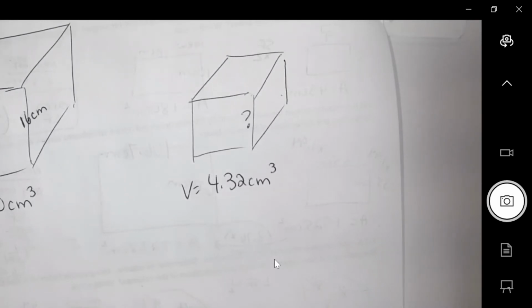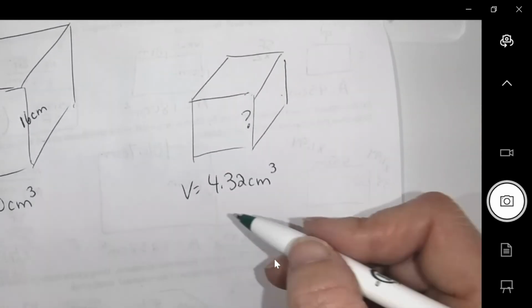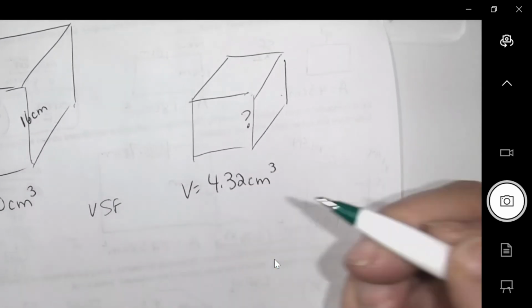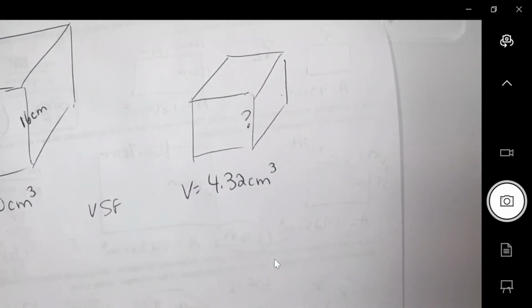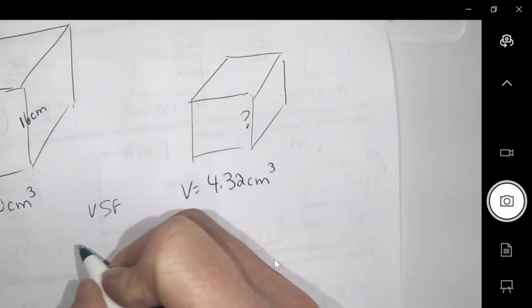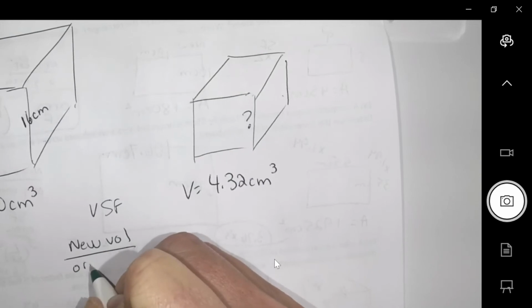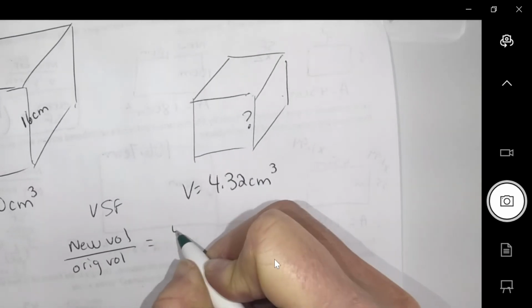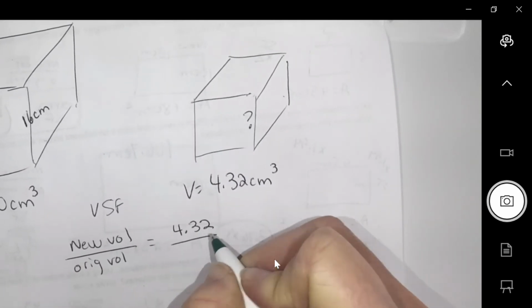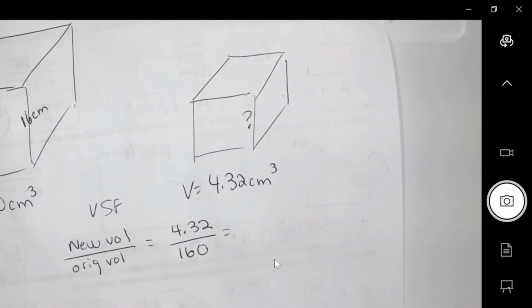Okay, you ready? What is the scale factor for those volumes? So I'm going to go new volume divided by original volume. So 4.32 divided by 160.